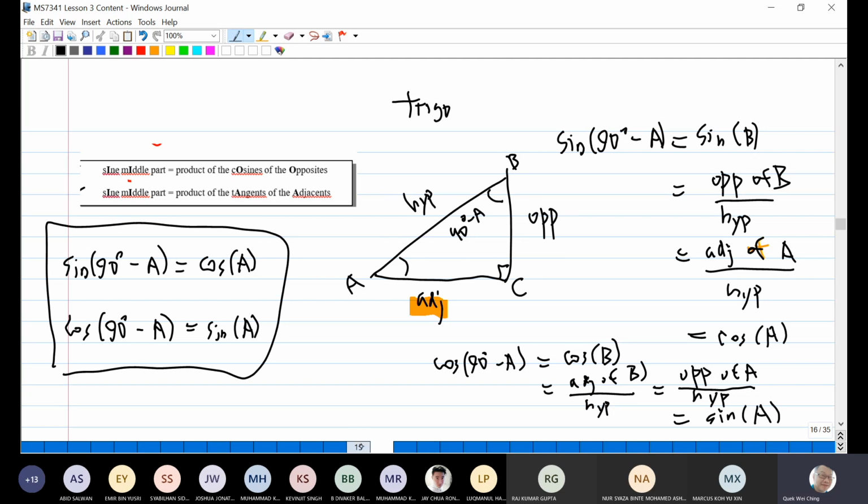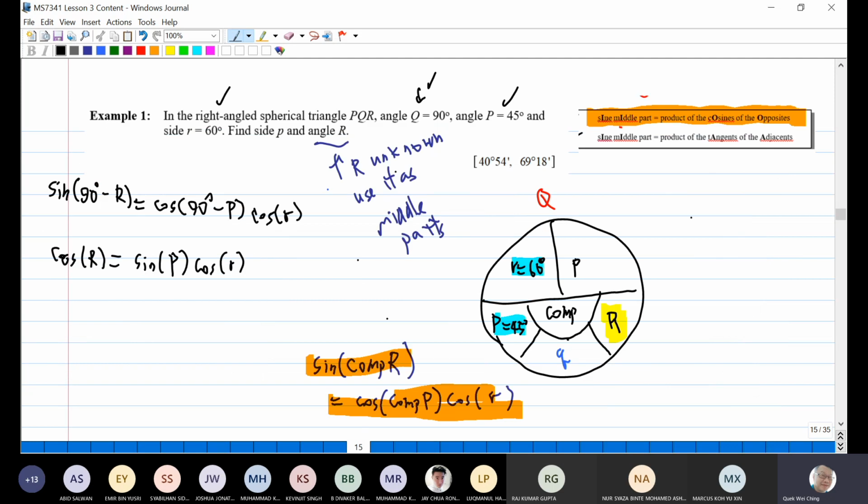Now put in the numbers. So this is sine 45 degree times cosine 60 degree.